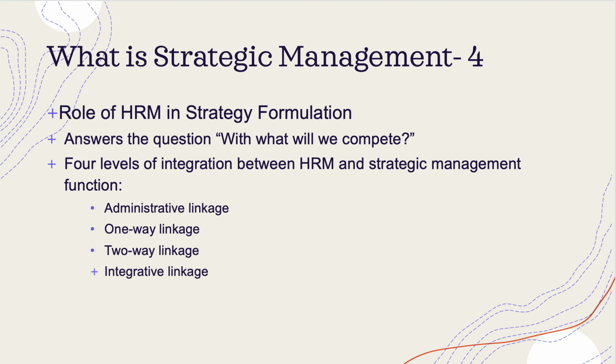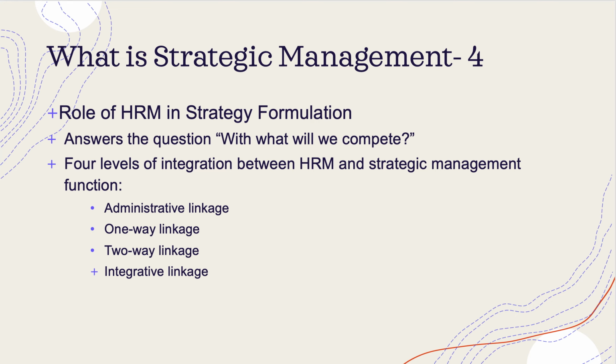And although one-way linkage does recognize the importance of human resources in implementing the strategic plan, it precludes the company from considering HR issues while formulating the strategic plan. This level of integration often leads to strategic plans that the company cannot successfully implement.